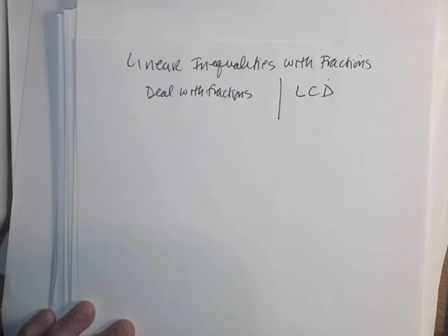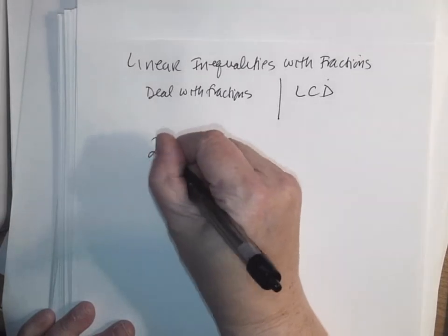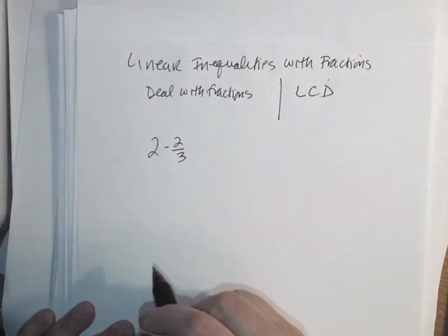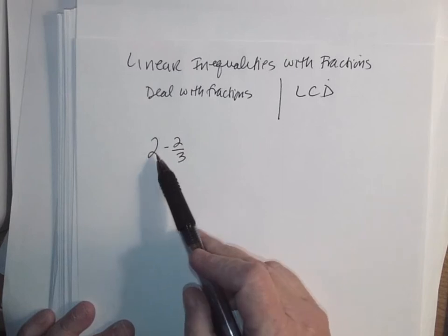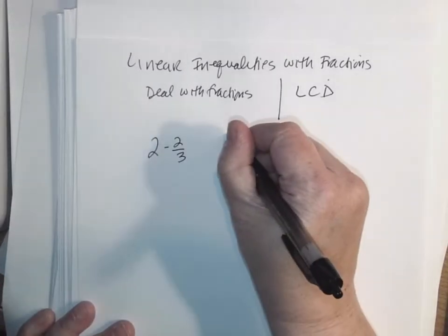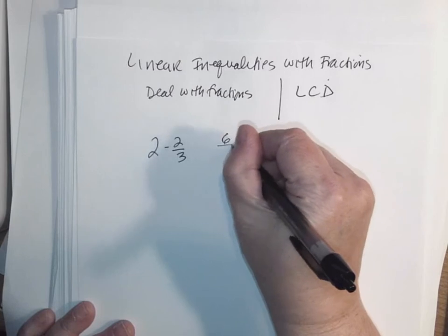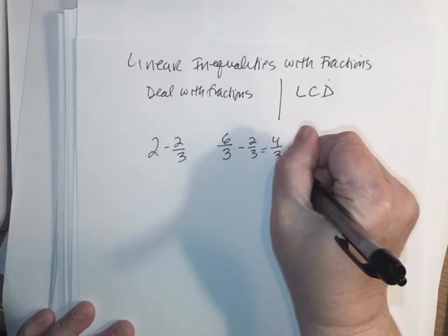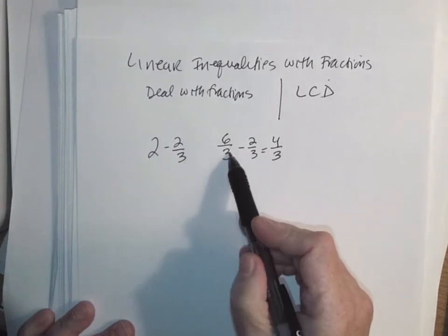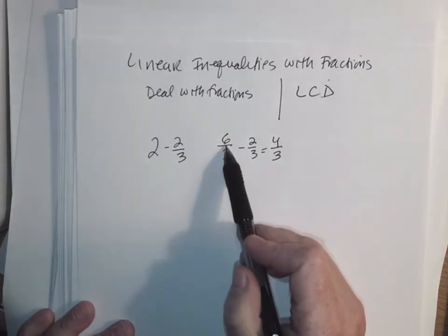So if I had to do like 2 minus 2/3, I have to get them in the same denominator. So 2 becomes 6 over 3 minus 2/3 becomes 4/3, right? 6 divided by 3 is a 2. So they have to have the same denominator in order to subtract them.